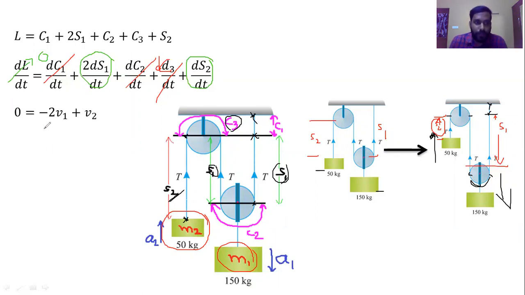The derivative of the length with respect to time is zero. So minus 2v1 plus v2 equals zero, since the first derivative of displacement, ds/dt, is velocity.